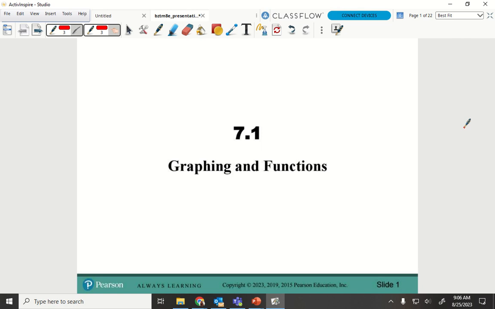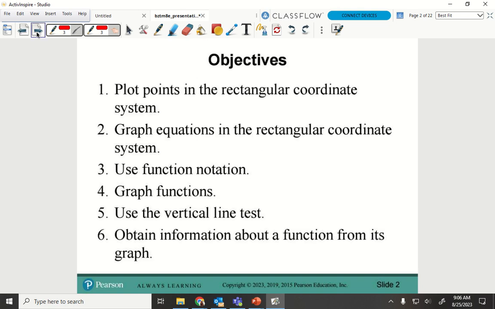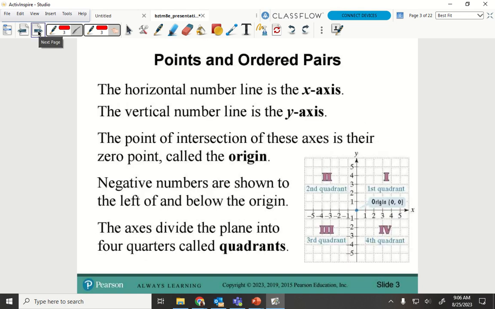So right here, let's go ahead and get started with our notes. This is page number 11 in my notebook. There are objectives. Now, points in ordered pairs.